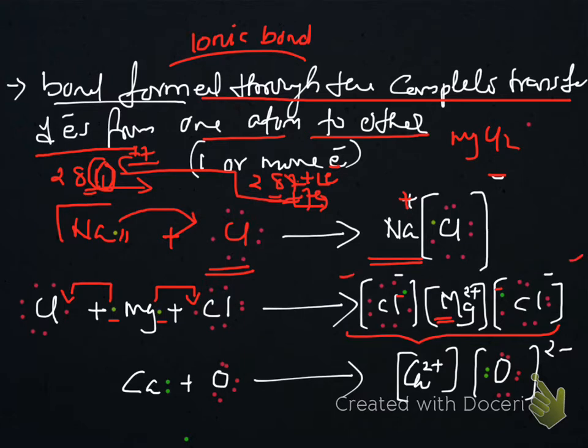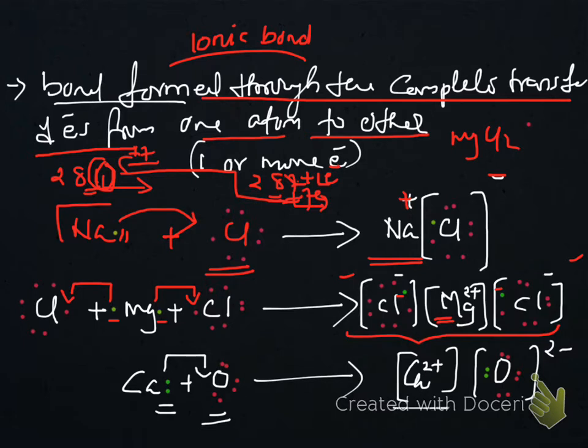And see, calcium and oxygen when combined: calcium contains 2 valence electrons shown in green color, and oxygen contains 6 valence electrons shown in pink color. These 2 electrons are transferred to oxygen.